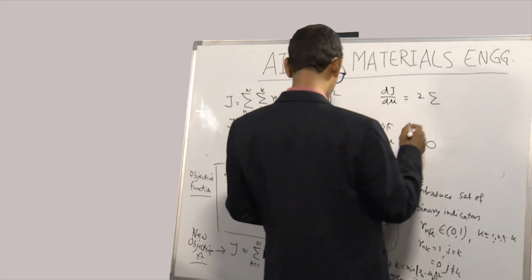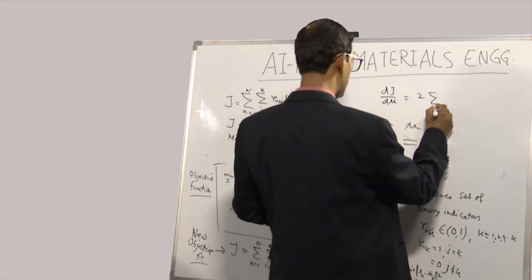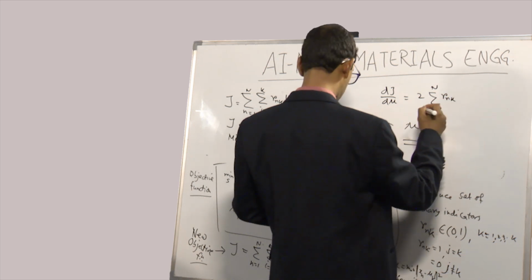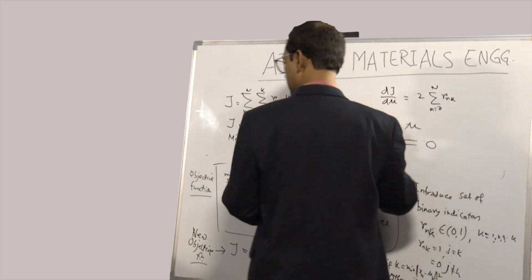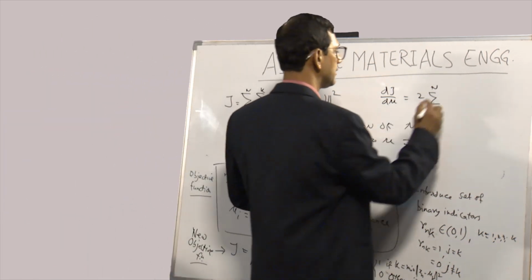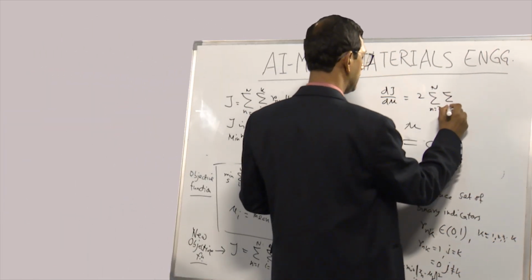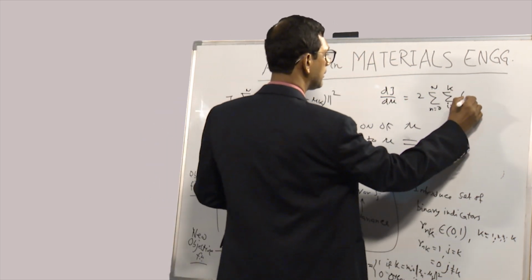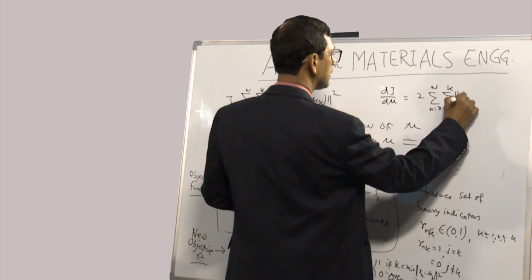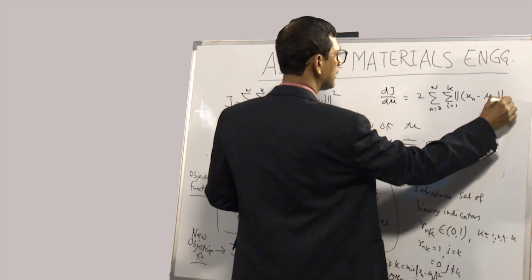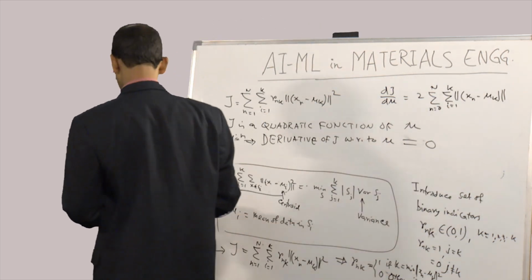So, this will be the sum over n from 1 to N of r_nk, times the sum over k, basically x_n minus mu_k, right, that is what it is.